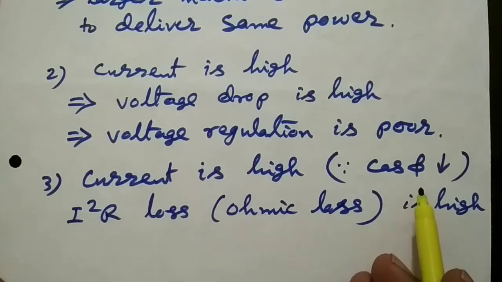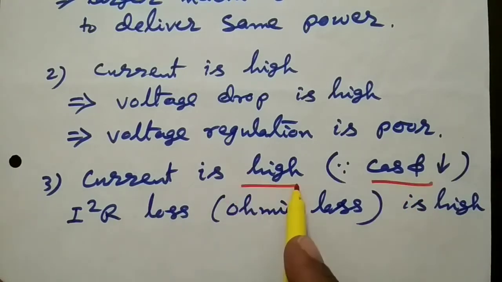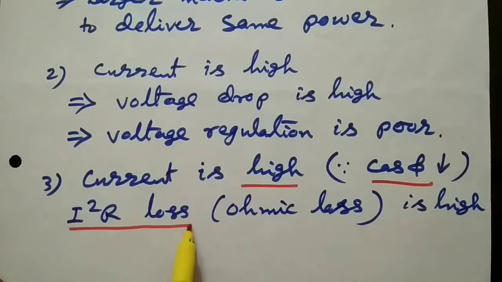So for a low power factor, the current will be more, and if the current is high, then the I square R loss will also be high.